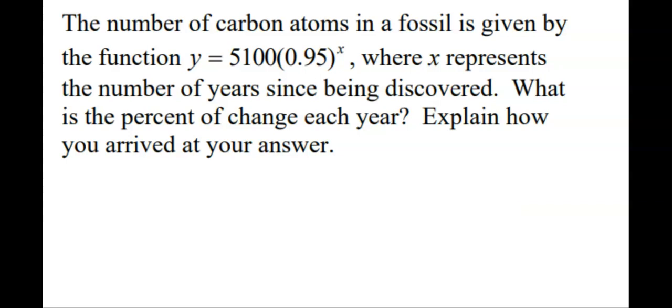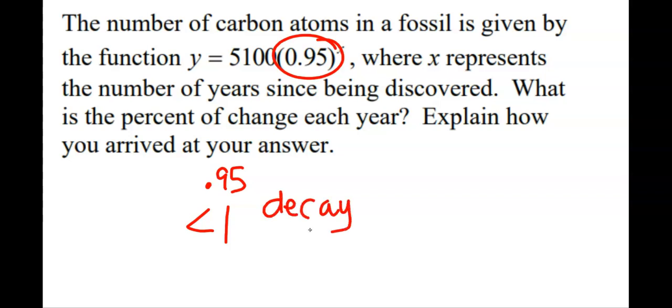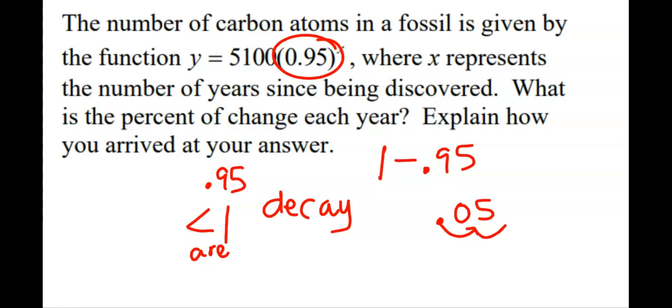In this example, you're asked to determine what the percentage of change is each year and to explain how you arrived at your answer. Well, the percentage of change is 0.95, but because that number is less than 1, that means we have decay. Decay is described as the amount that you are less than 1. The amount that I am less than 1 is 0.05. As a percentage, that is 5%.